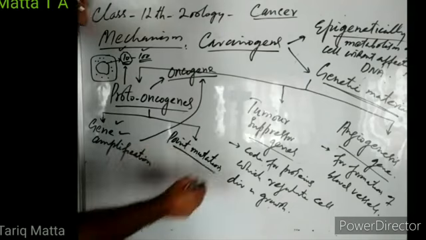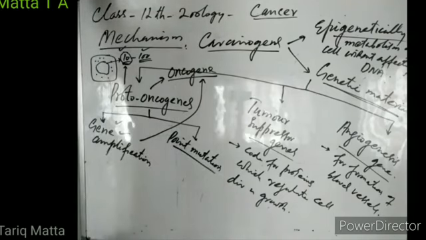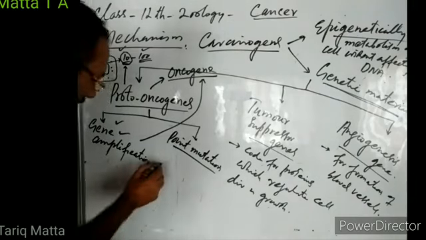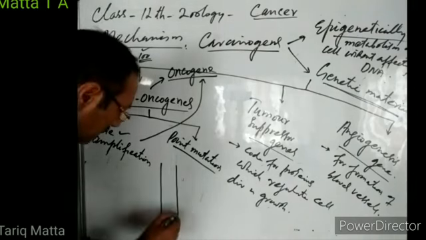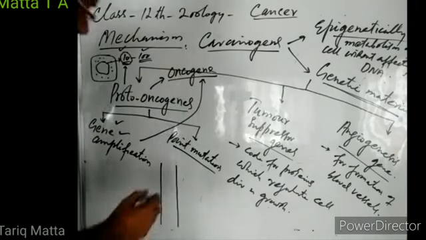Similarly, there are point mutations. Point mutations are changes in the nucleotides, in the base pairs of a gene. Every gene is characterized by a specific sequence of base pairs and a specific number of base pairs.